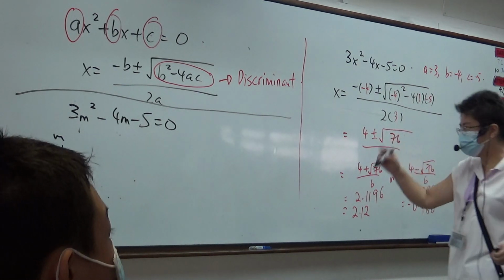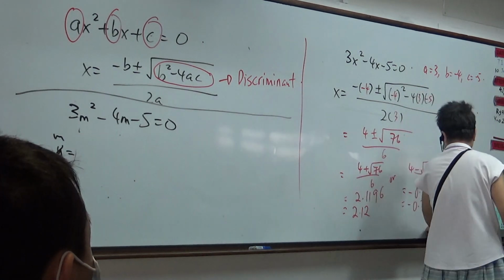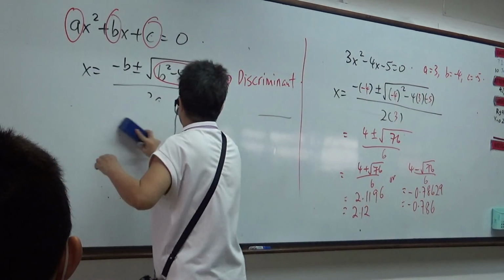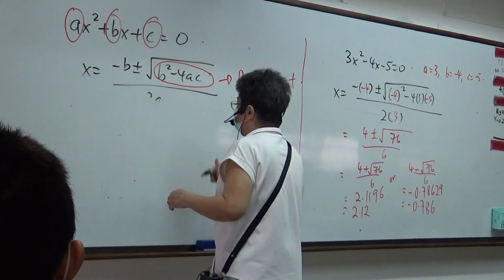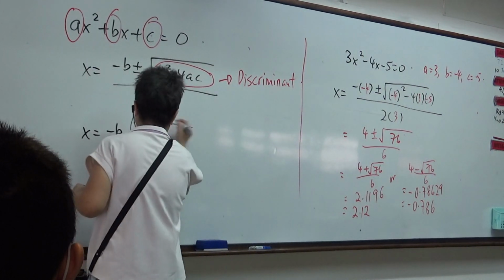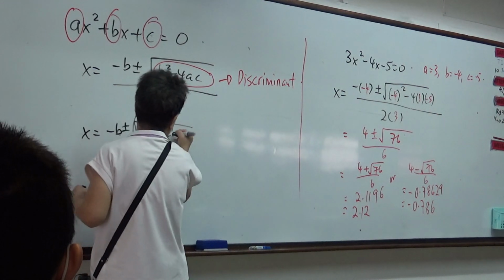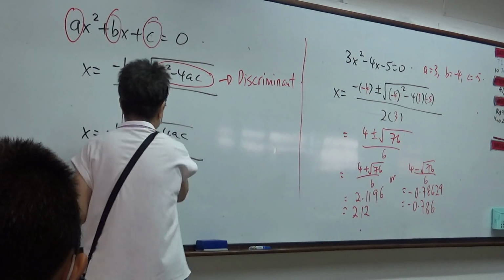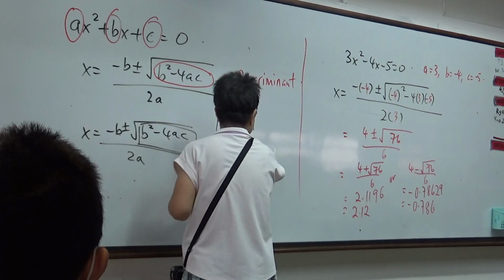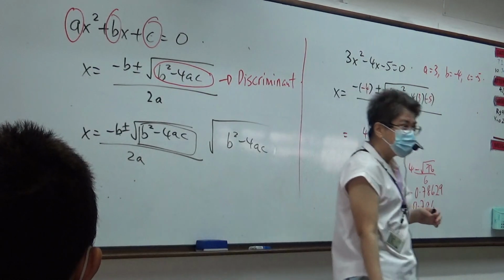Okay, then I want to talk about the discriminant. Now, x equals to minus b plus minus square root b squared take away 4ac over 2a. I want to look at this one. b squared minus 4ac is inside the square root, right?